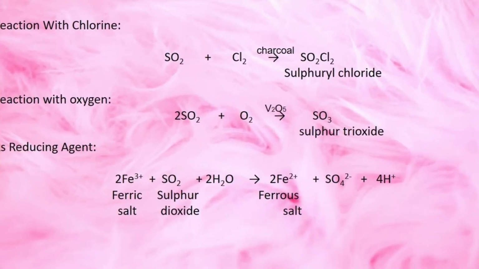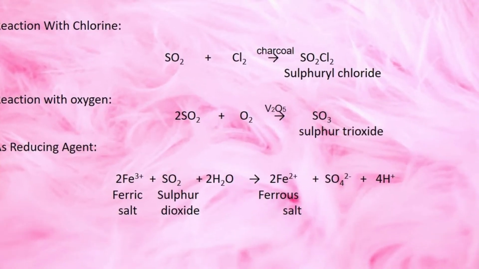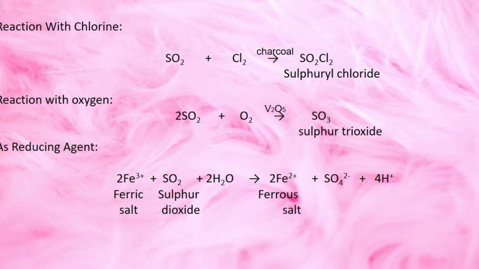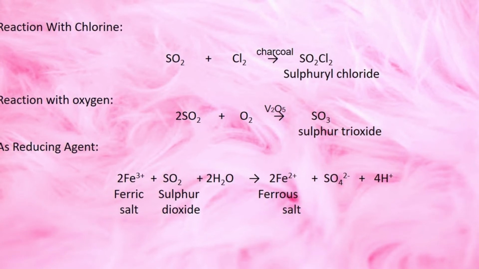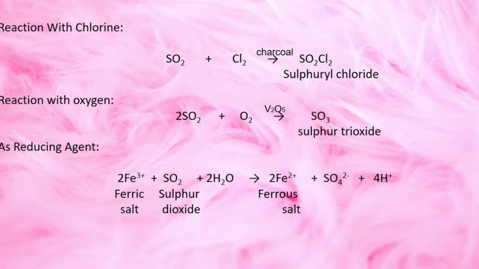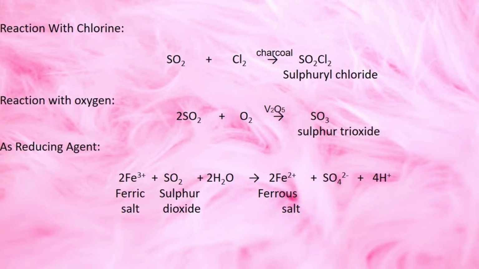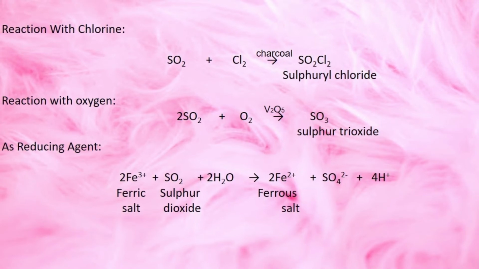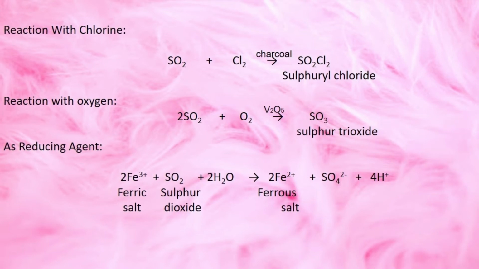The third chemical property that we are going to learn is reaction with chlorine. Sulfur dioxide reacts with chlorine in the presence of charcoal as a catalyst to give sulfuryl chloride. The formula of sulfuryl chloride is SO2Cl2. Next is the reaction with oxygen.